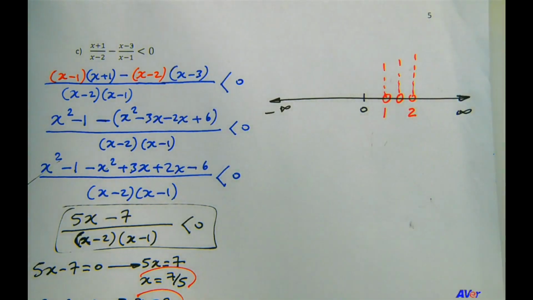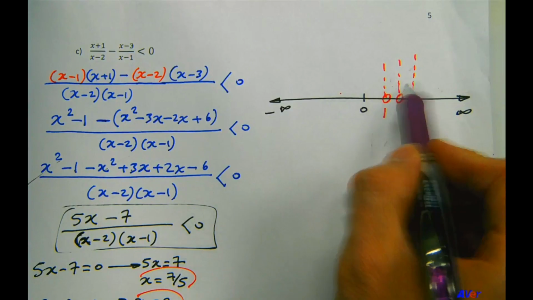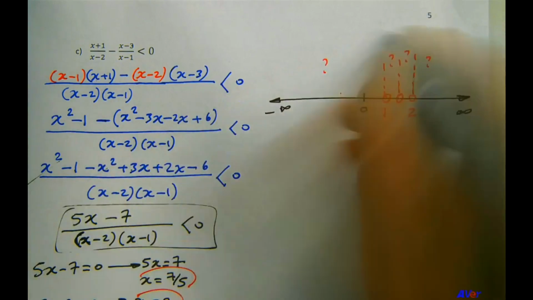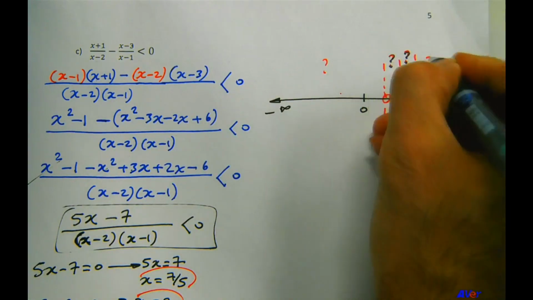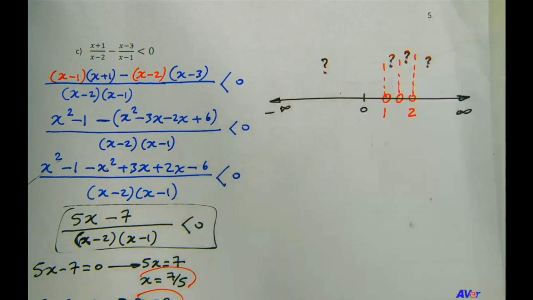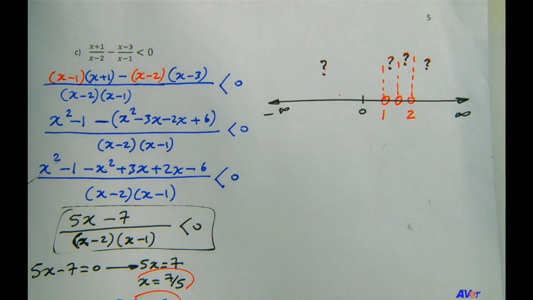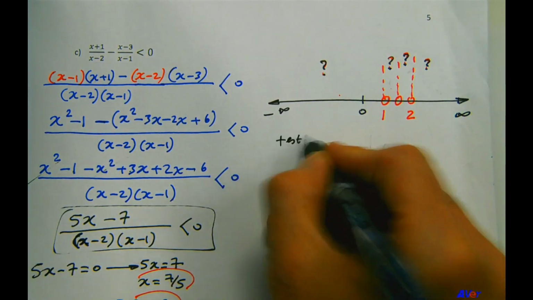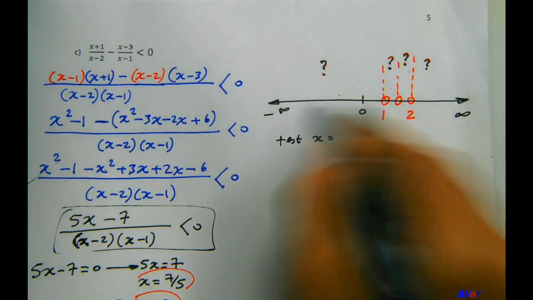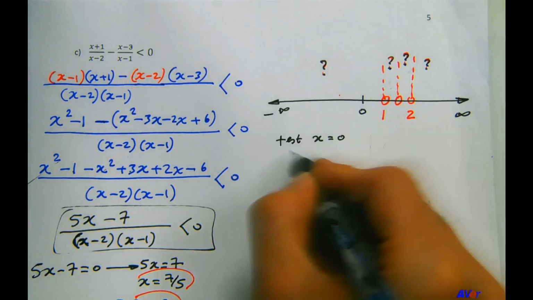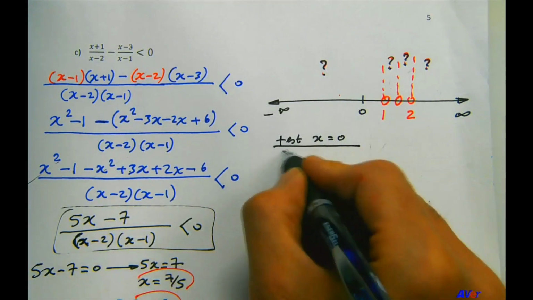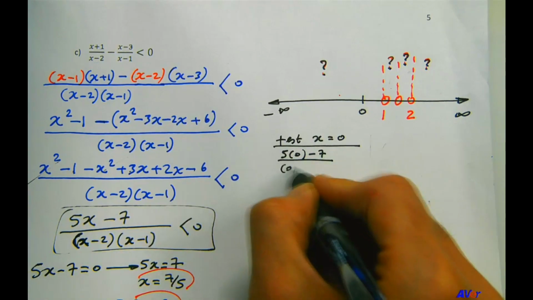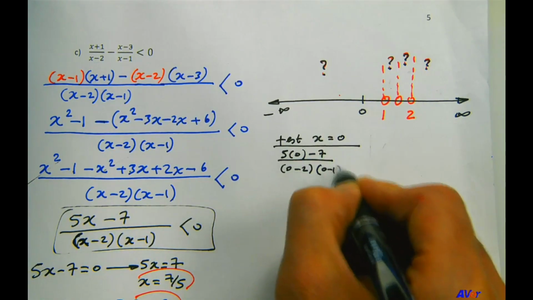So how many regions should we check? 1, 2, 3, 4 regions. Or let me use a different color because I used red to draw my dashed lines. Okay, those 4 regions should be checked. Let's check here in this inequality. So test x equals some easy number here, 0. Okay, let's test that. In here, we have 5 times 0 minus 7 divided by 0 minus 2 times 0 minus 1.